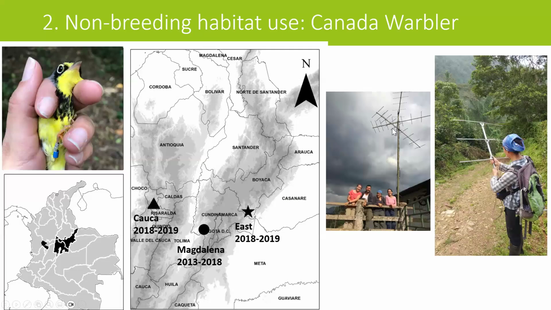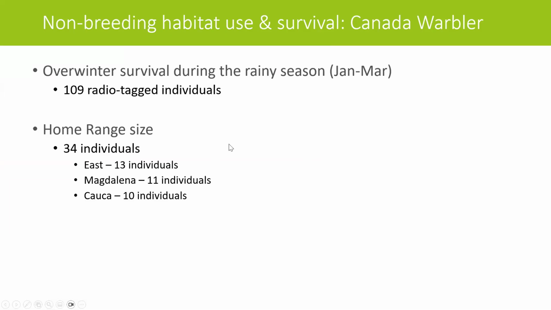We captured warblers at the 3 sites, and we used Motus antennas to get data for our survival models and to determine if the species was present at the site or not. And we were also using manual telemetry to be able to estimate the range of presence of these species.